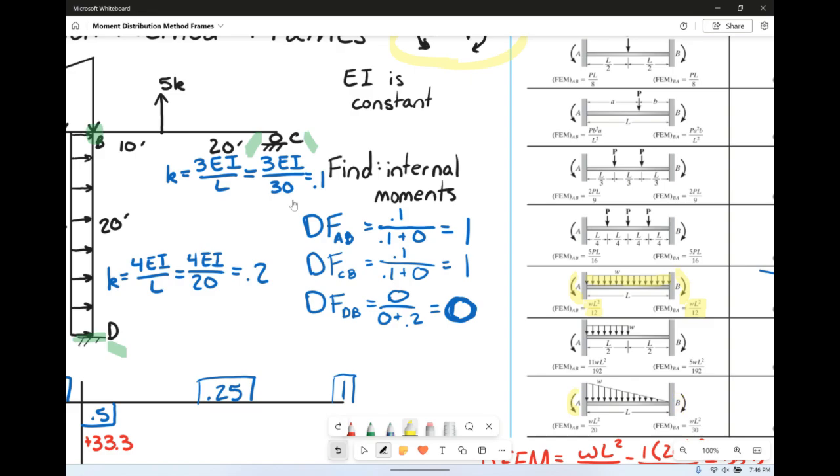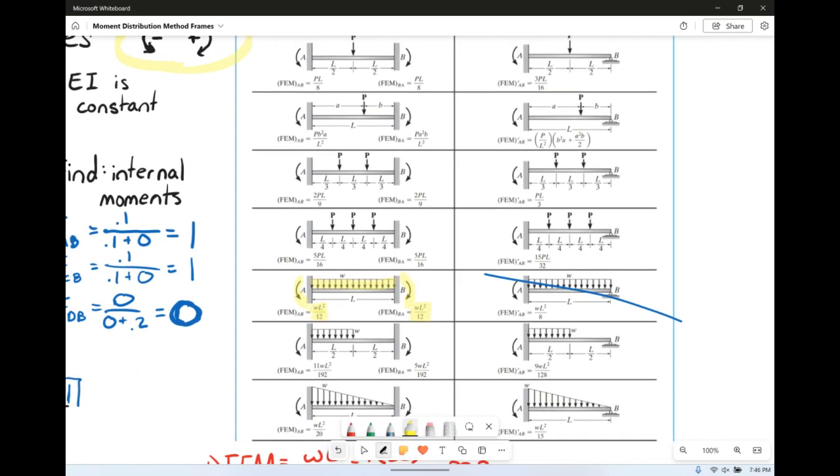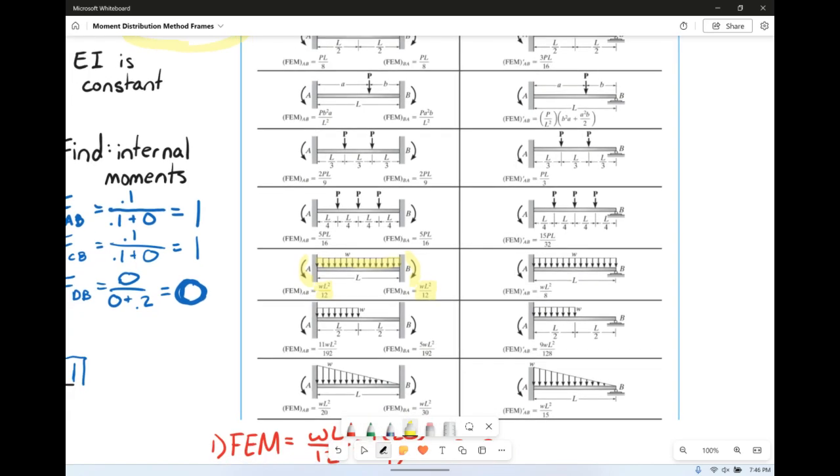You can do that, or technically, on the right side over here, we have one that has a roller. Well, that looks exactly like ours, except it's flipped. And you'll notice that you only have one moment. That makes sense because B is a roller, so B won't have a moment.